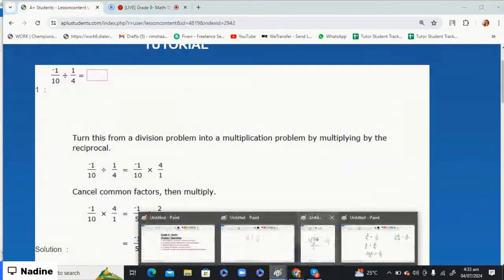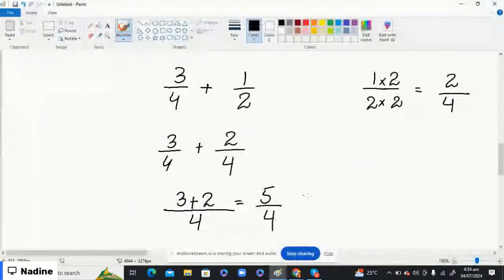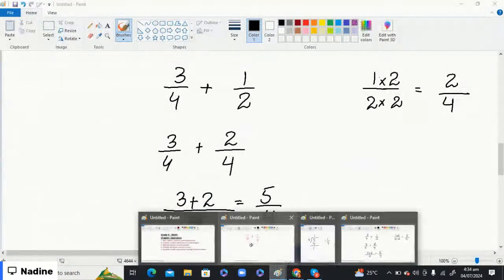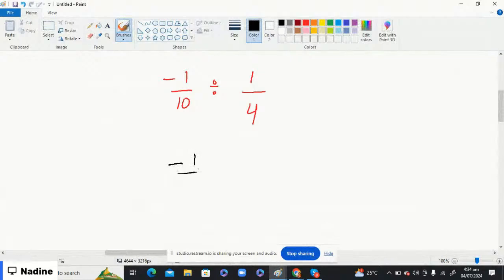Okay, so where is the question? Yeah, it's here. So minus 1 over 10 as it is. Division can be changed into multiplication. 1 by 4 can be changed into 4 by 1. Understand? Look, 4 times 1 is 4, 10 times 1 is 10, and the minus sign stays with it.